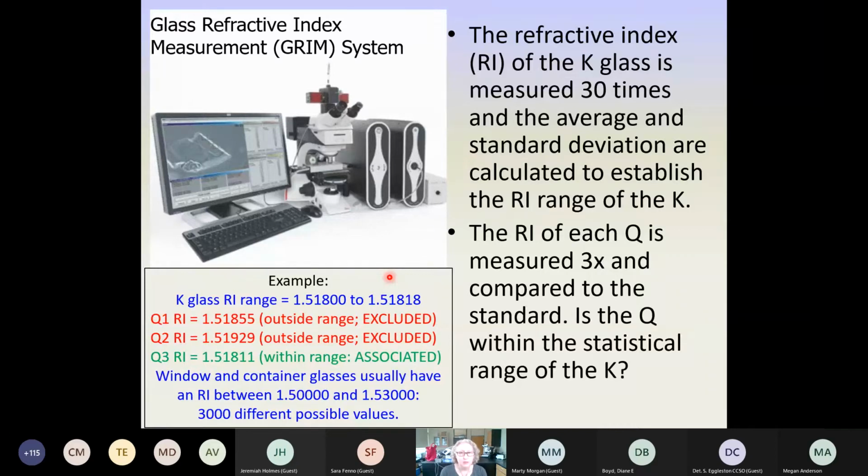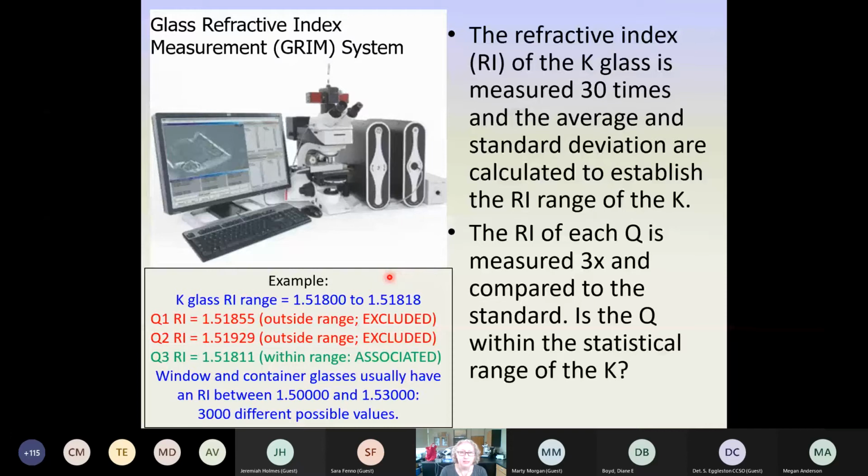So if I have a Jack Daniel's bottle, the base of that bottle is thicker glass than, say, areas of the neck or the body of the glass. Because it's thicker, it's going to cool probably more slowly or at a different rate than other parts of that same bottle.